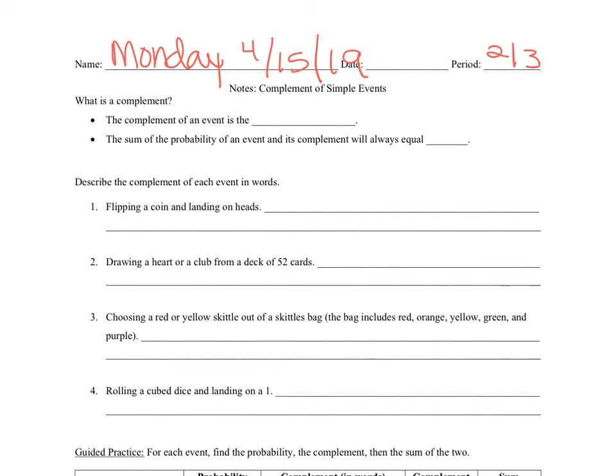And so the complement of an event is the probability that it does not happen. Okay, so we're looking basically at the opposite.